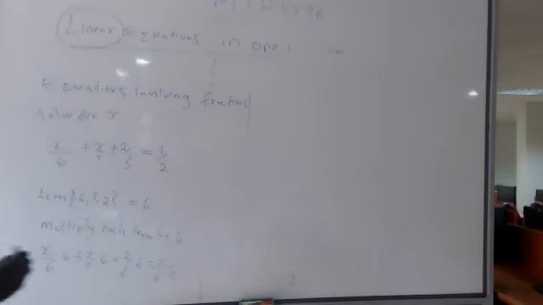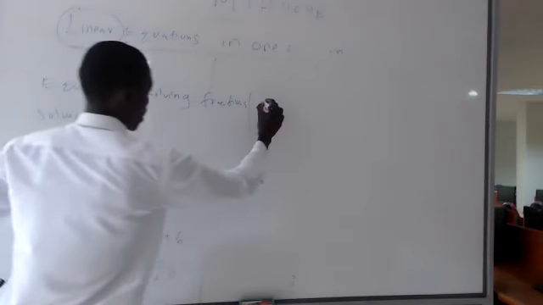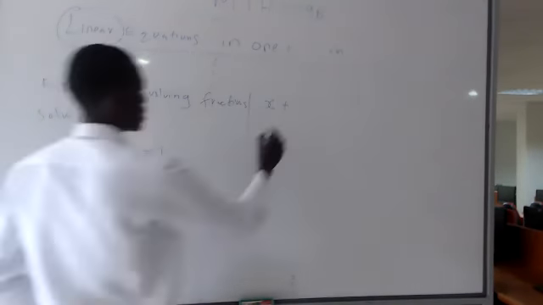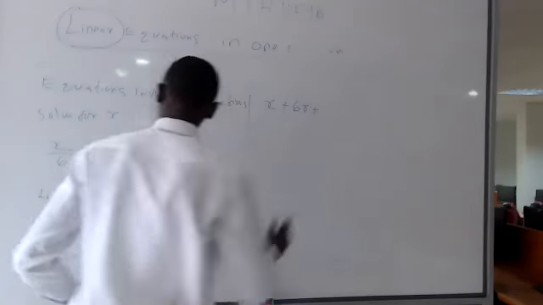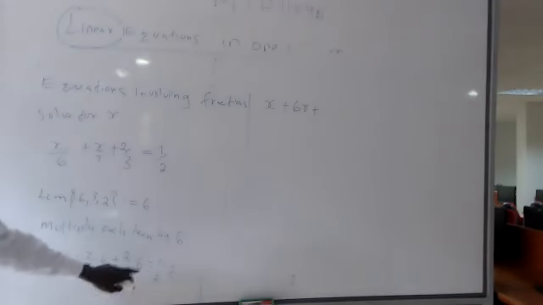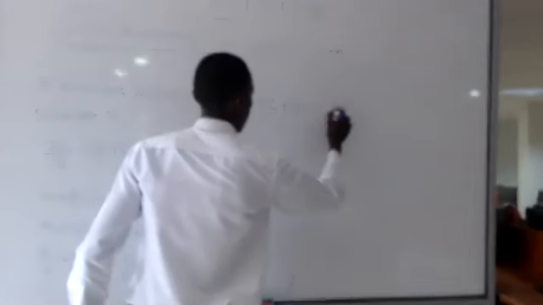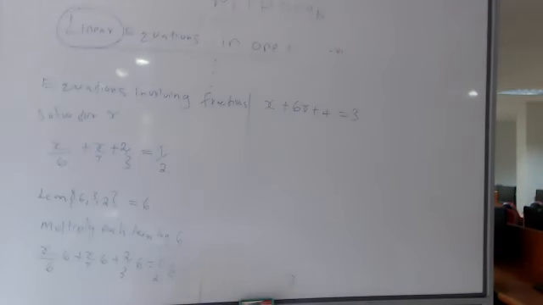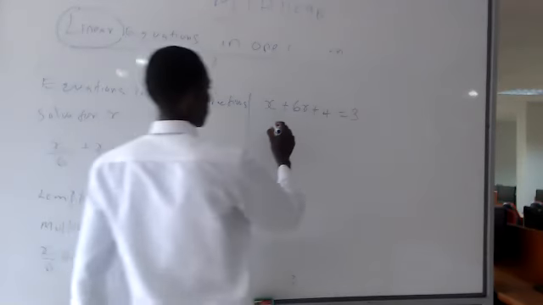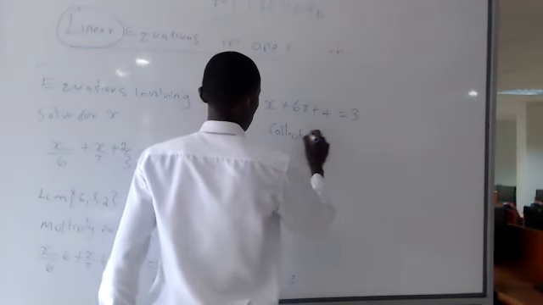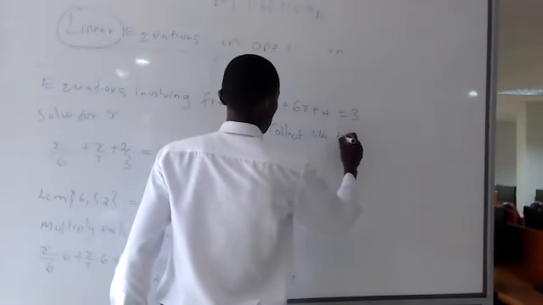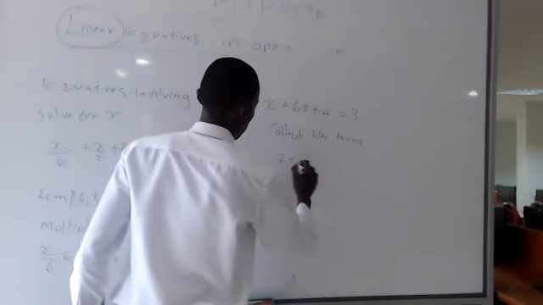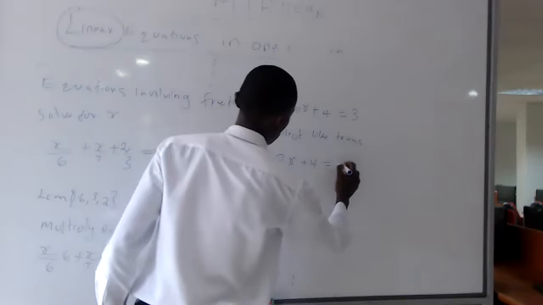So what do you get? First, we get x plus, so 6 cancels 6, then 6x plus 2/3 times 6, so 3, 2, that's 4. Should give you 3. Then collect like terms. So x plus 6x is 7x plus 4 gives you 3.